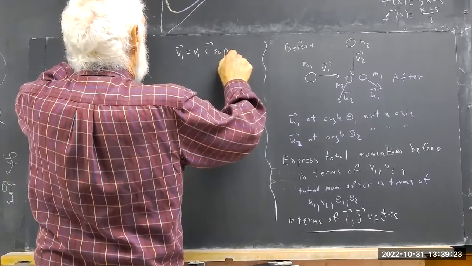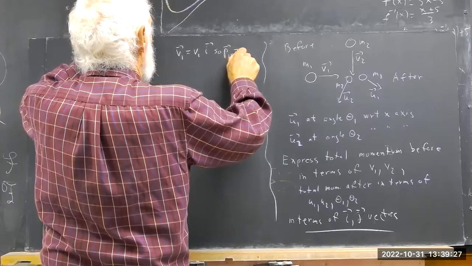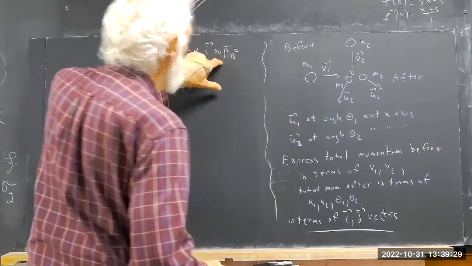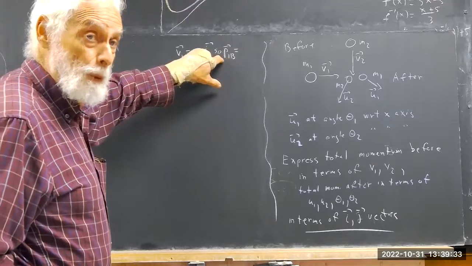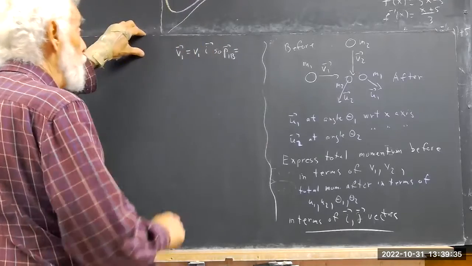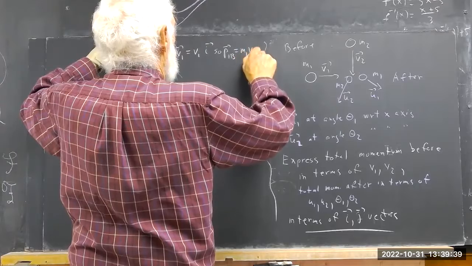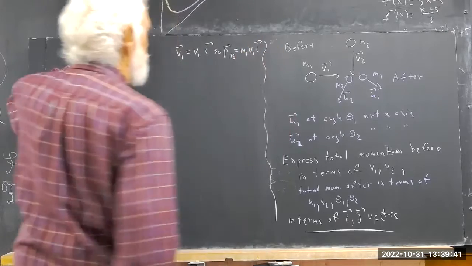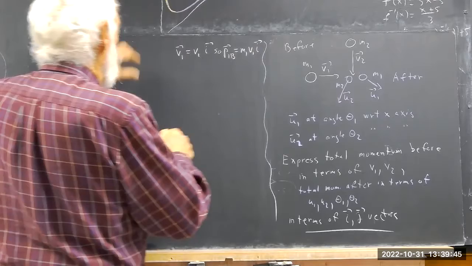Now I'm going to write this out. There are various ways to write it out. I'm going to use P1B for the momentum before collision, the momentum of the first mass before collision. And that's going to be M1 V1 I. Very simple.